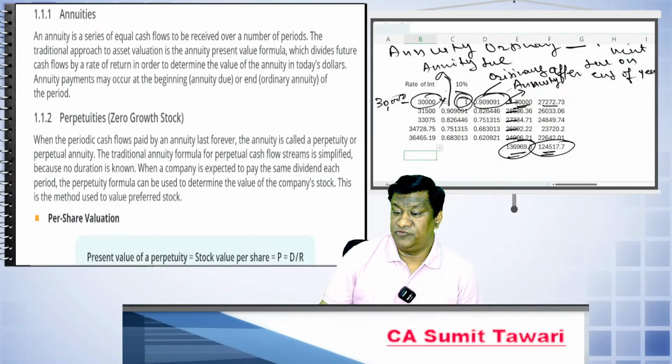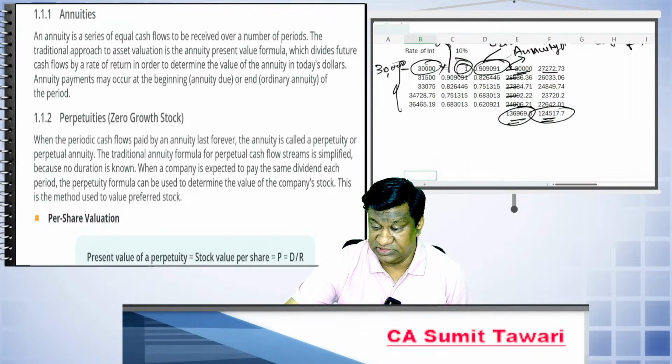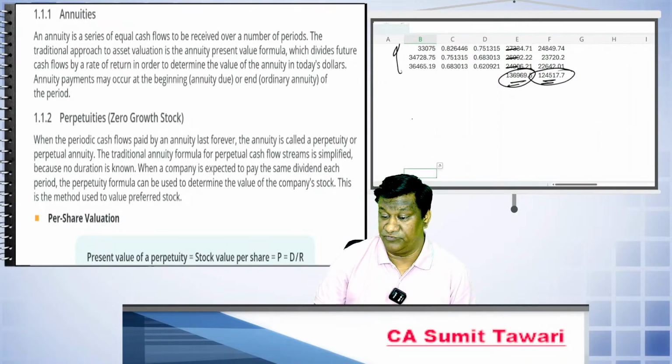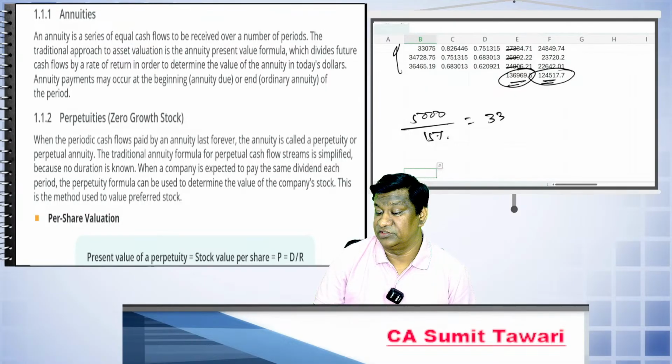Okay. So annuity due or ordinary annuity, we are considering only when there is a limited series of payments. If it is a perpetuity, then we already discussed. It is basically whatever amount we are going to pay or receive, divided by the expected rate of return. So it is basically 33,333.